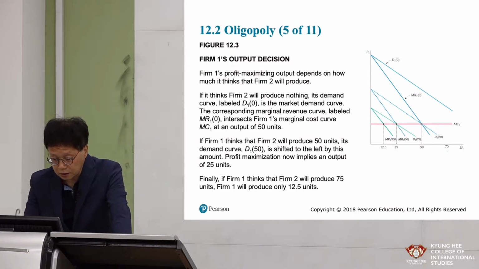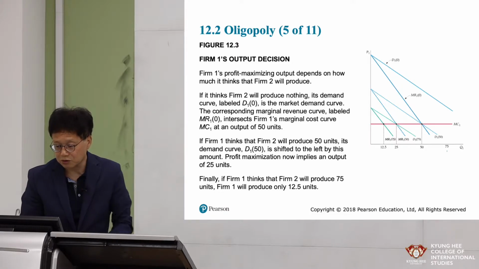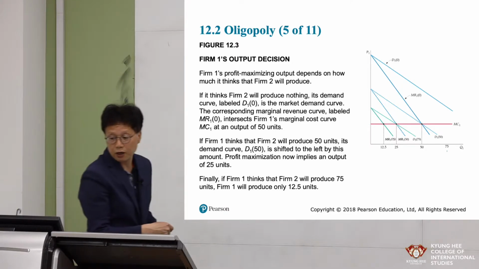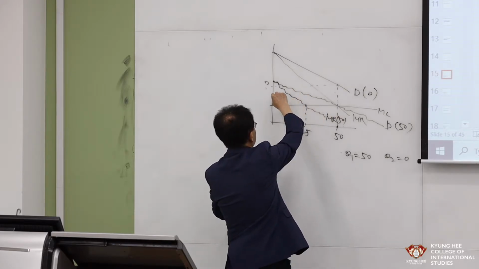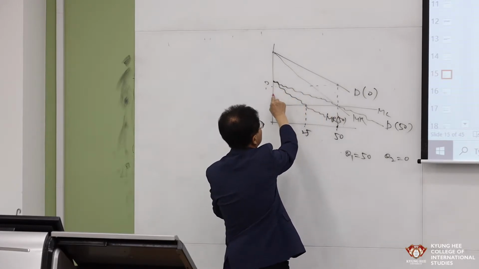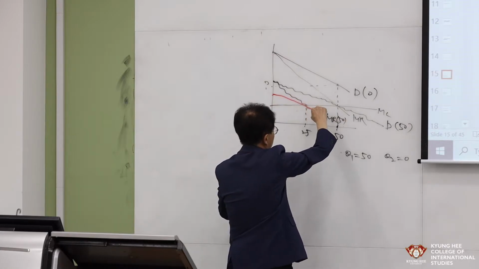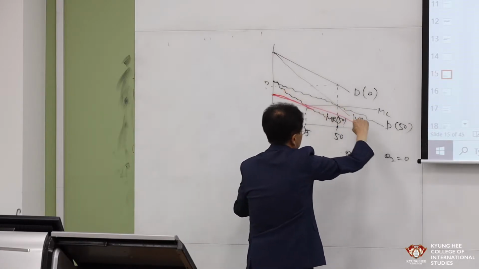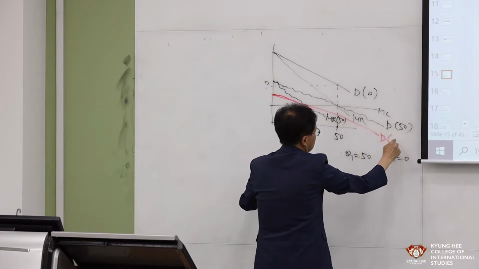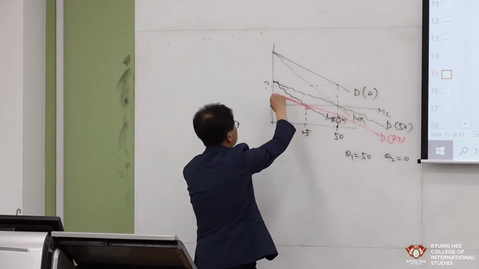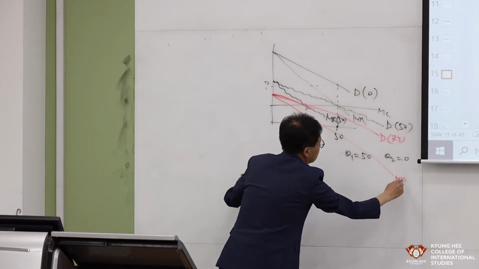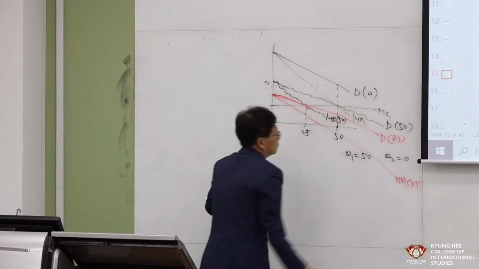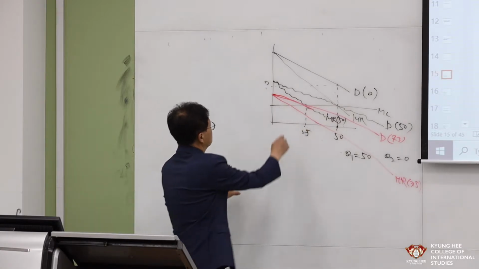And finally, if Firm 1 thinks that Firm 2 will produce 75, then we can draw this kind of demand curve. Marginal revenue when Firm 1 thinks Firm 2 produces 75 is like this.